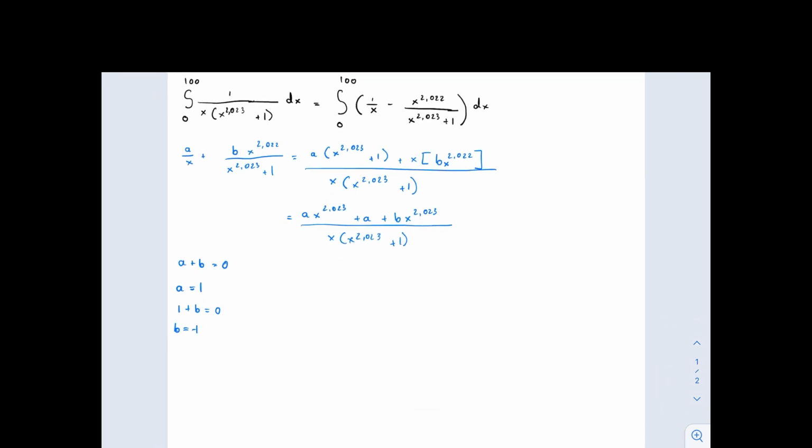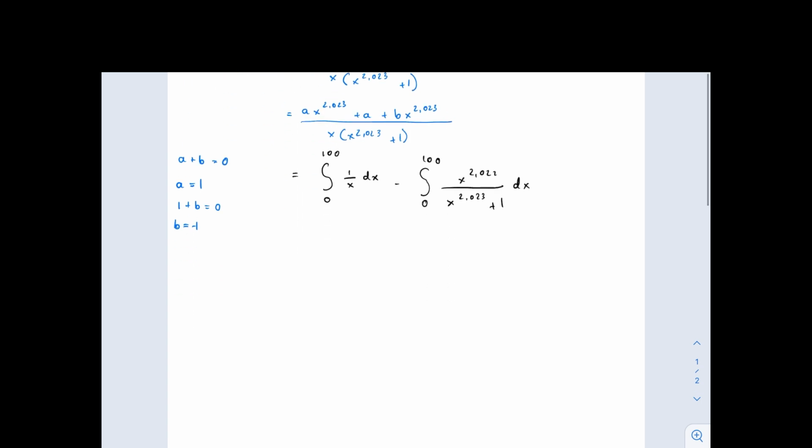From here, we can split this into two separate integrals, right? Because remember that if you're adding or subtracting inside your integral, in terms of two separate terms, you're allowed to split it into two separate integrals. So we have this integral minus the integral from 0 to 100 of x to the 2022 power over x to the 2023 power plus 1 dx.